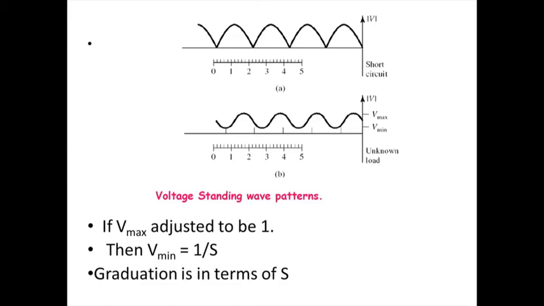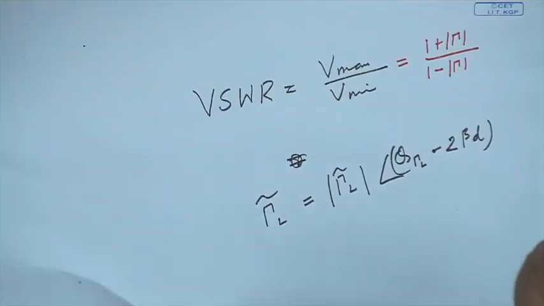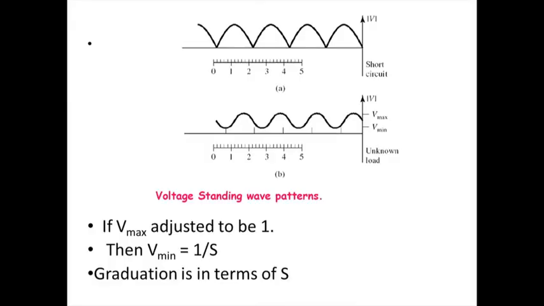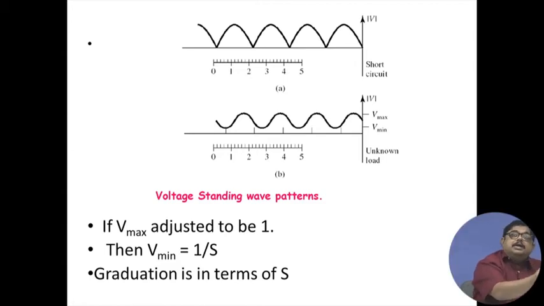But in a general unknown load, you have something in between; it may be maxima, may be minima. The second graph shows how it looks for an unknown load, but here also you can find, by moving your probe, the minima position and the maxima position, and locate those minima.